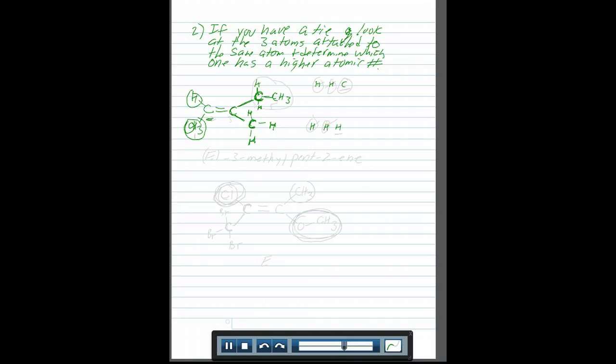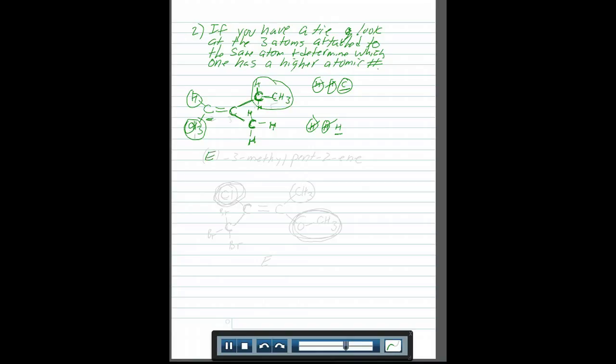So basically what you do is you look for the one that has the higher atomic number. Well, these are equal. So if you want to cancel them out and just ignore them, that's fine. Equal ones you just basically ignore. Well, we have a carbon compared to a hydrogen. Obviously, this carbon beats out this hydrogen, so that means this is the priority. So this would be the E isomer.